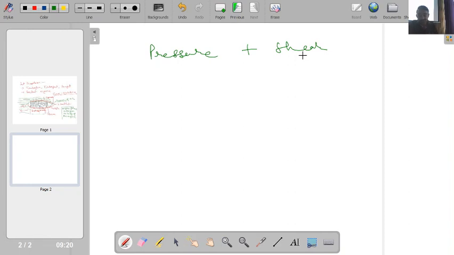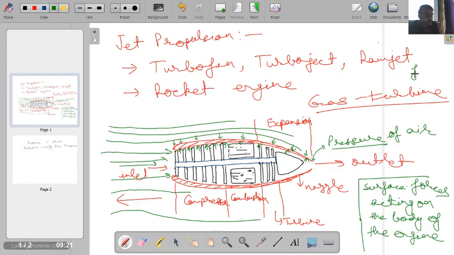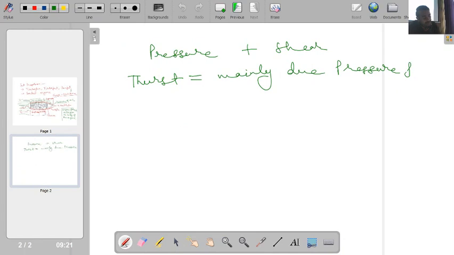Whenever we talk about the thrust force, particularly the force which is generated in the forward direction in order to propel the aircraft, the majority of the thrust force will be mainly due to pressure forces, and the contribution of shear forces is very little over here.